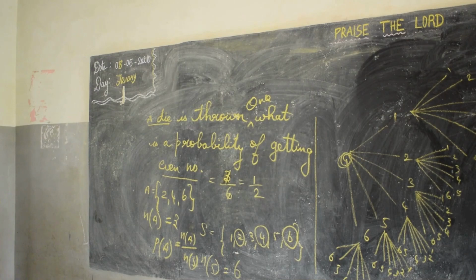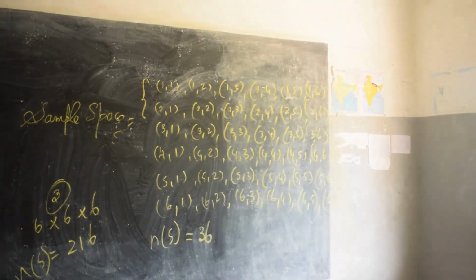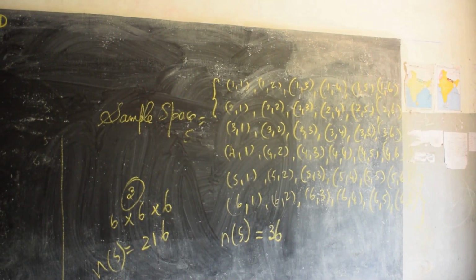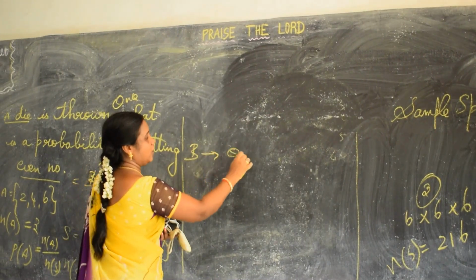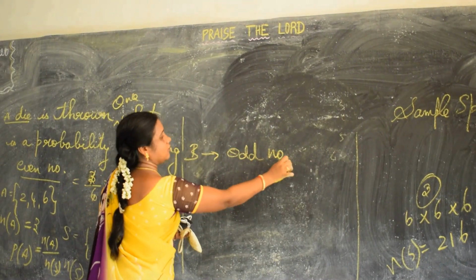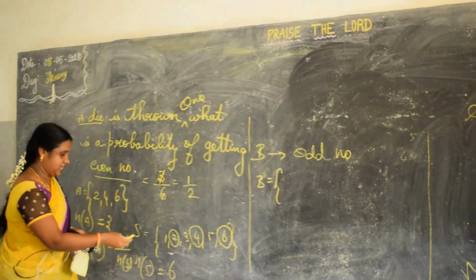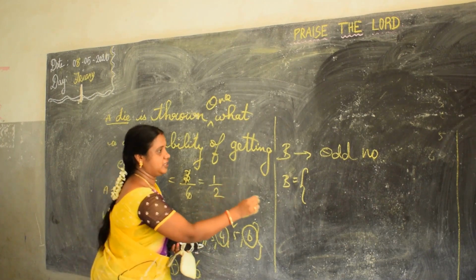Next, see here. What is the probability of getting odd numbers? Suppose B is our odd number. What are all the odd numbers here? See our sample space. Odd numbers are 1, 3, 5.